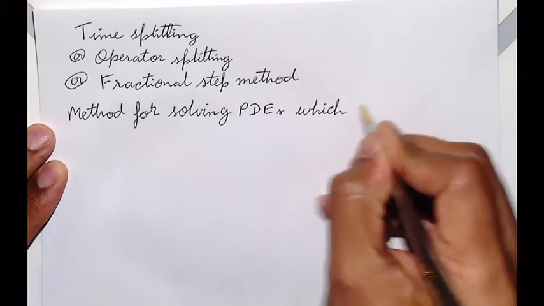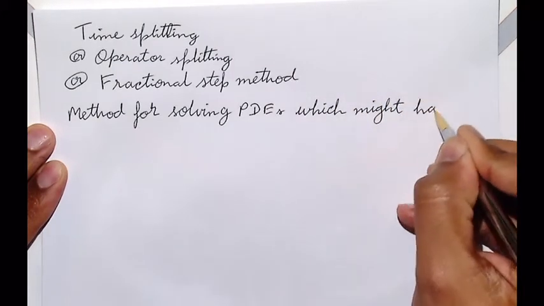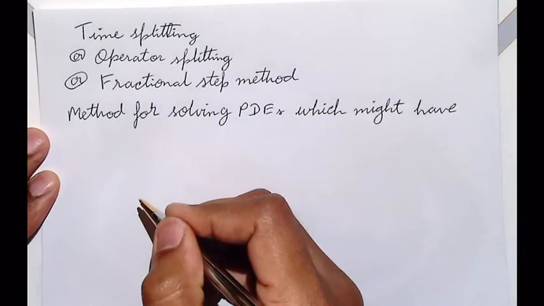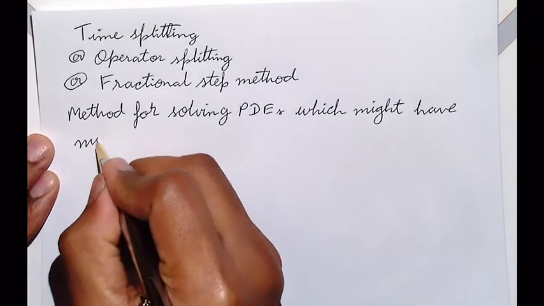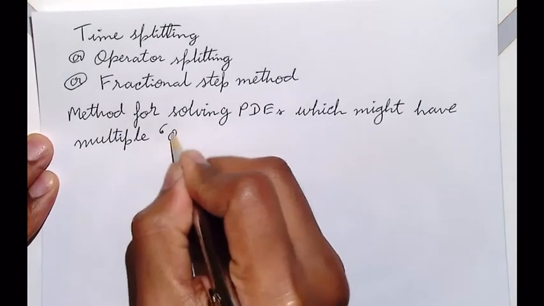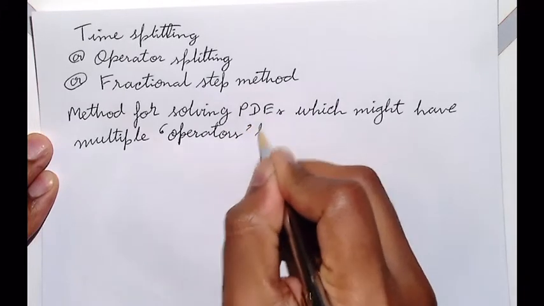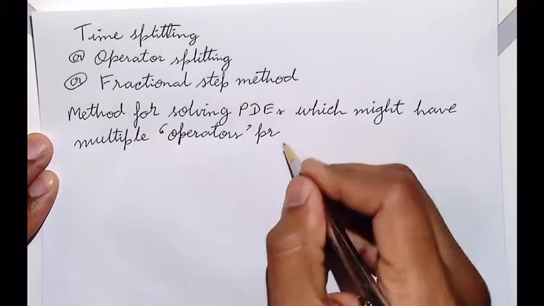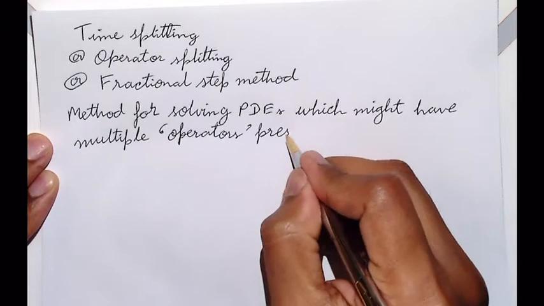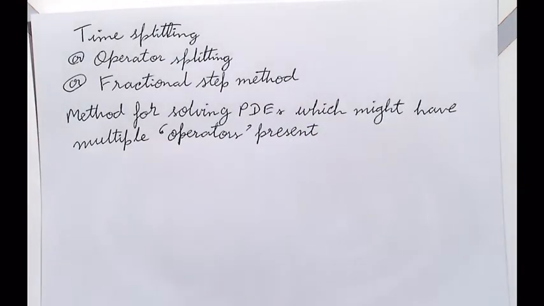Which might have multiple operators. Okay. So what does this operator mean? In our Navier-Stokes, we have three main components.